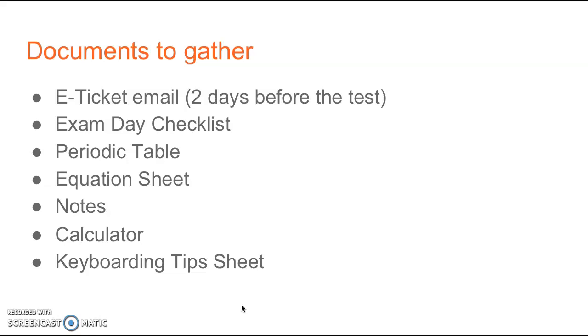And if you plan on typing the test, make sure you have the keyboard tip sheet. The keyboarding tip sheet will just have some tips to make the keyboarding a little easier. If you want to type up the test, you won't have to draw any diagrams. So you should be able to type out all your responses and be okay.